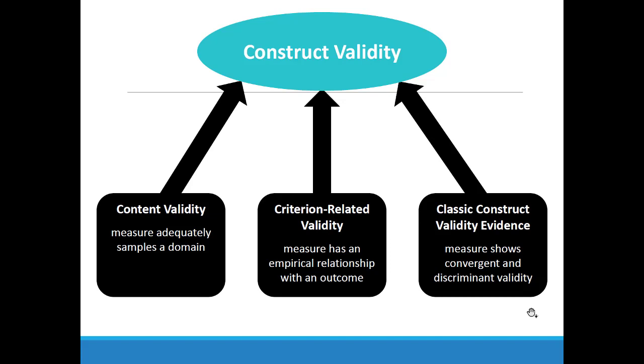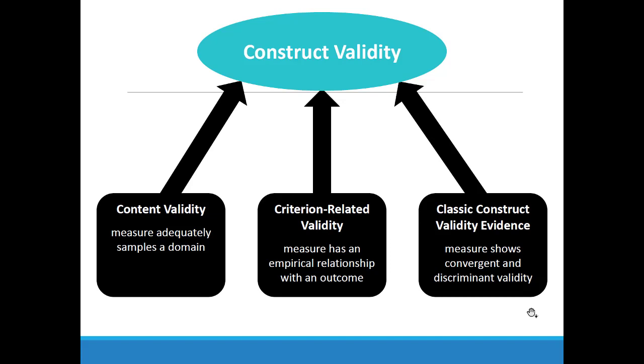All right, so this slide provides an overview of the different types. We have content validity: does our measure adequately sample a domain? Remember, are we covering the full domain of something and not leaving anything out, not being deficient? Criterion-related validity is seeing our relationship between our measure and an outcome.